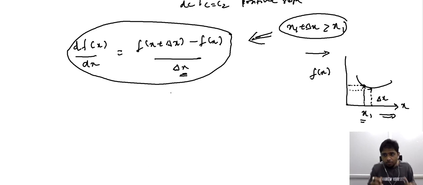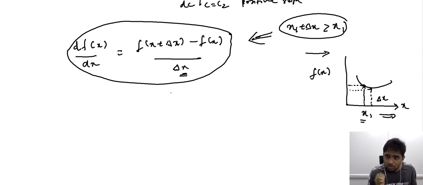So we have considered the subsequent point to be in the forward direction, greater than our initial point, and based on that consideration, we were able to express the derivative of a given function.